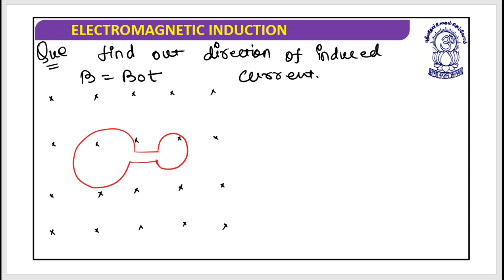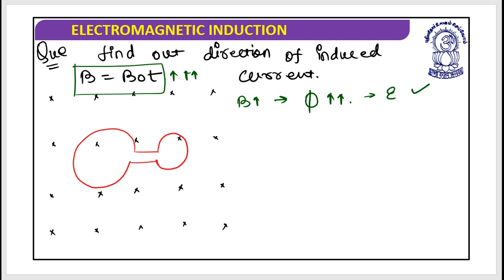Again we have a step-by-step process: the magnetic field is increasing. If the field is increasing, that means flux is increasing. If flux is increasing, that means EMF will be there.